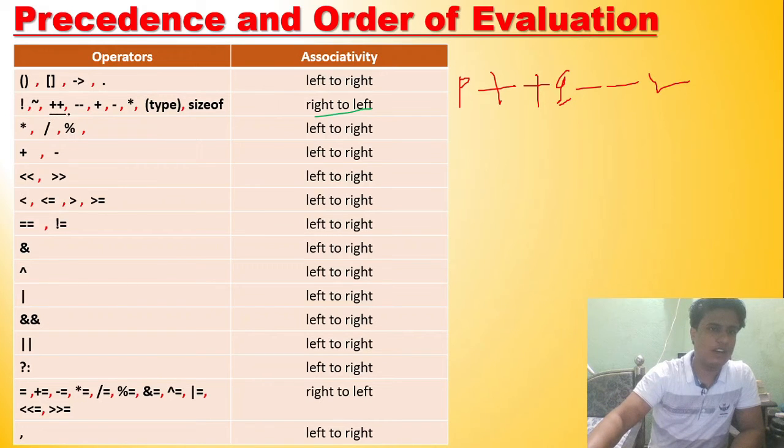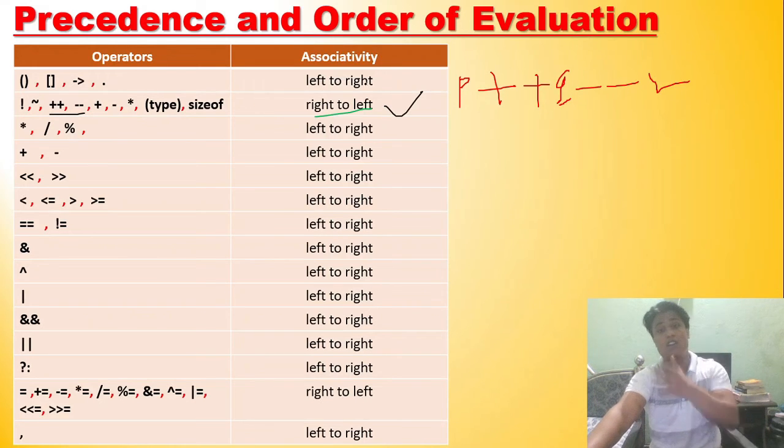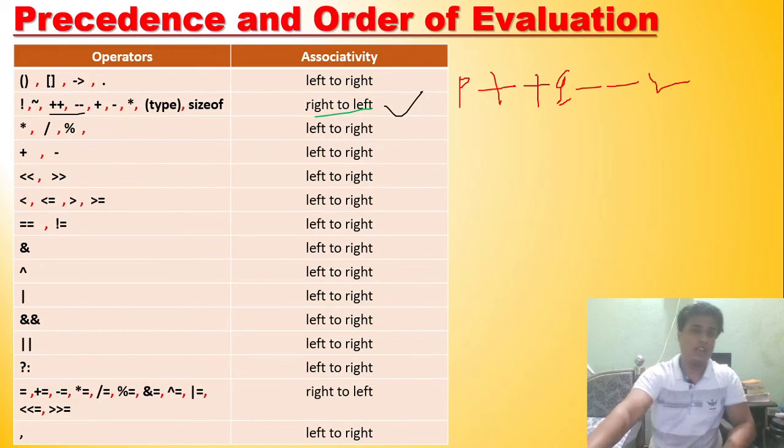You can see here both are at the same precedence level. So what will be the order? Then we come to associativity. Associativity is not used if the operators are of different precedence, but whenever the operators are of the same precedence, associativity comes into play. Okay. So there will be right to left, meaning this one will be operated first.